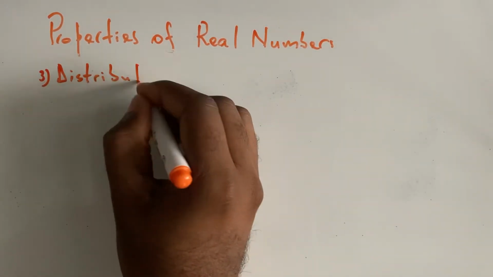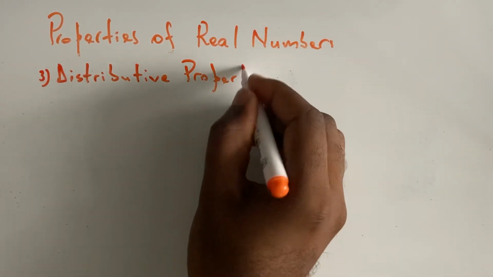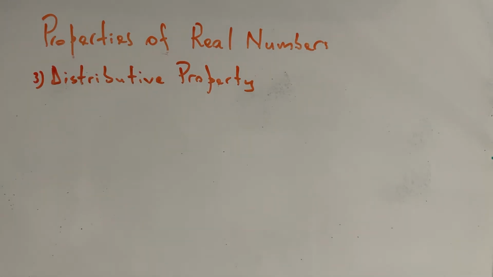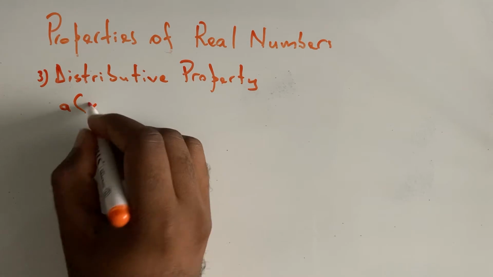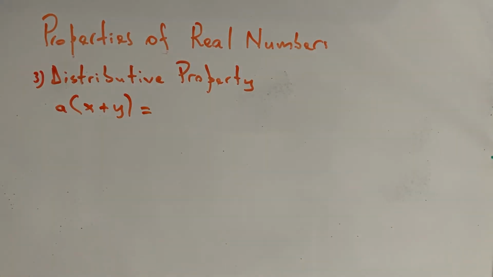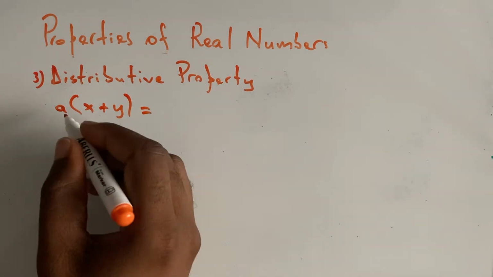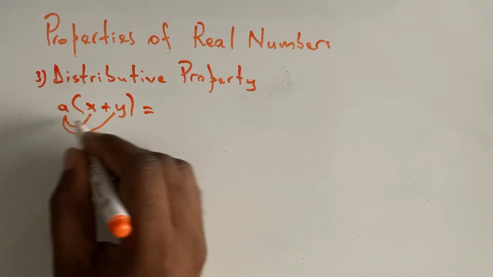Distributive property, okay? So distributive property here of multiplication over addition, by the way. Multiplication over addition, what we have here, let me show you. For example, if you have A times X plus Y, this would be the same as, by the way, we said distribute, so we distribute the A to each of the terms here.